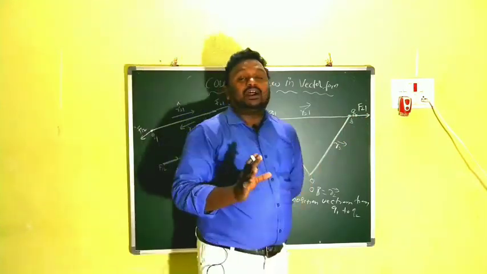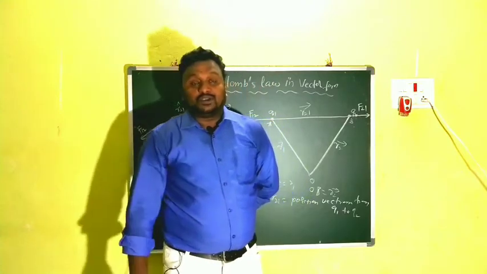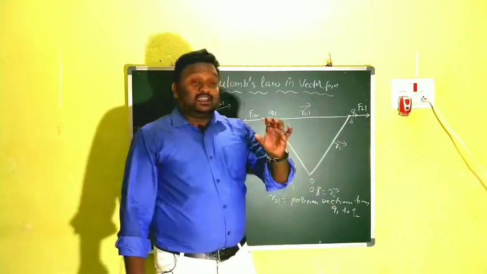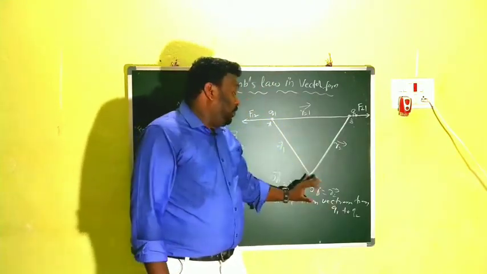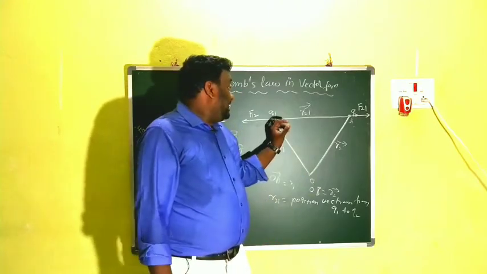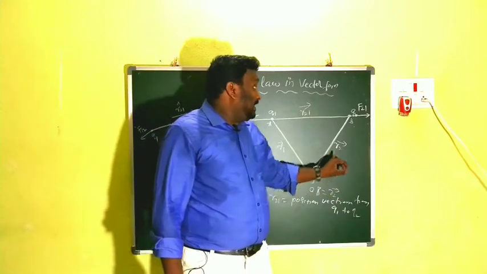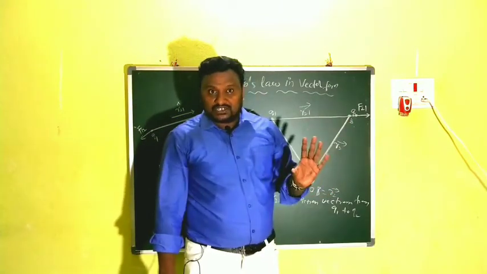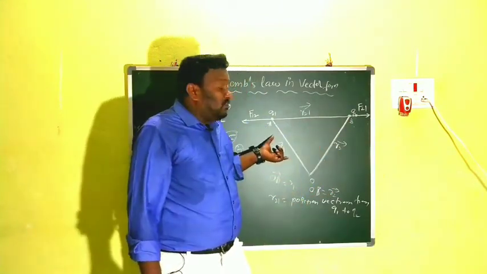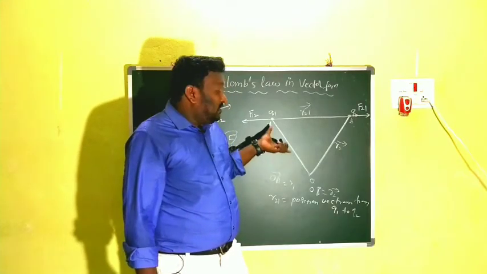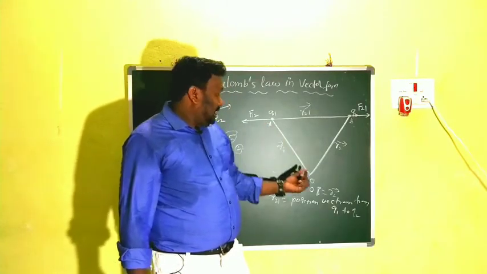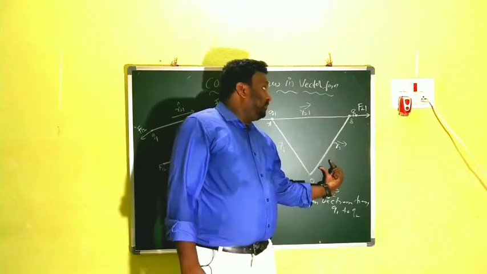If you got an idea about this, we will go to the topic now. Here we are simply taking 3 points. O is the origin, with Q1 at the position A and Q2 at the position B. OA is the position vector R1 of Q1, and OB is the position vector R2 of Q2.